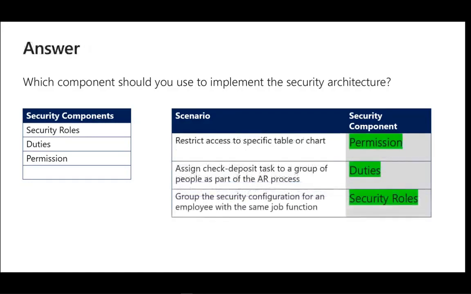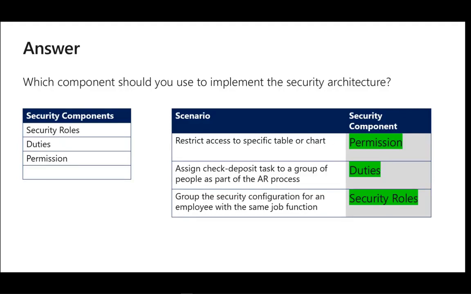The right answer is restrict access to a specific table or chart, mapping to permission. Assign check deposit task to a group of people as a part of an AR process maps to duties.